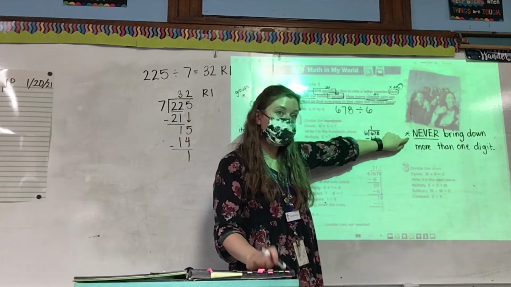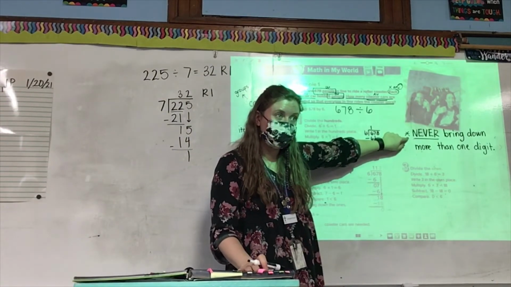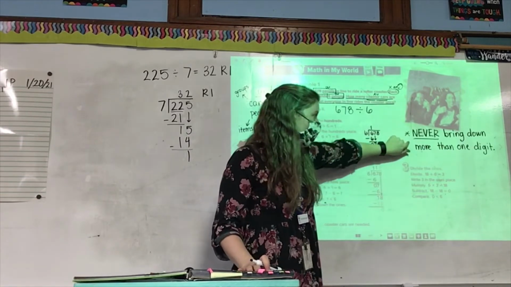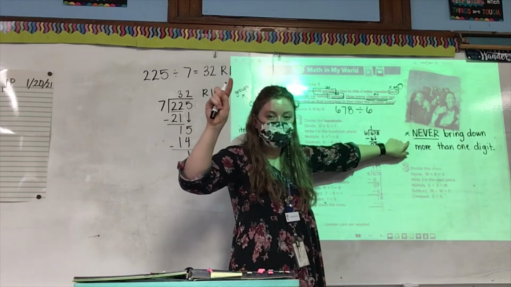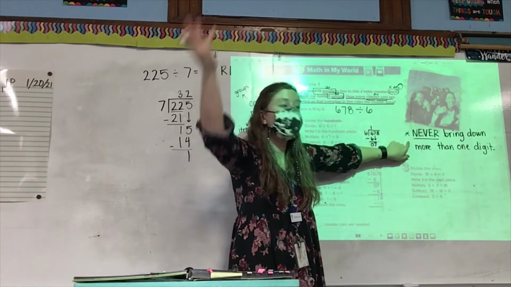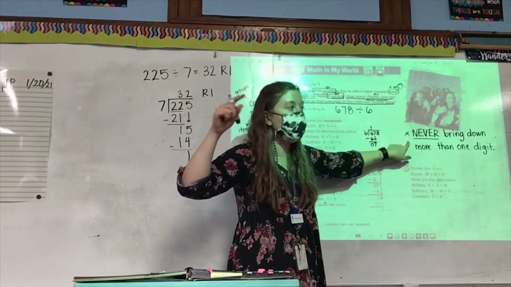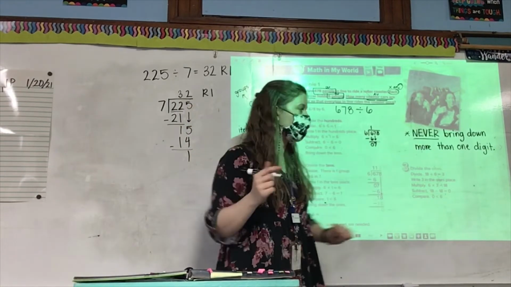Class, read this note all together. I need you to read it because I can guarantee you I'll have people trying to bring the 7 and the 8 down. Ready? 1, 2, 3. Never bring down more than 1 digit.